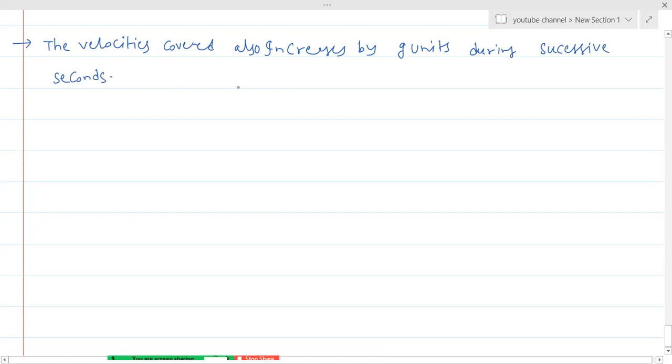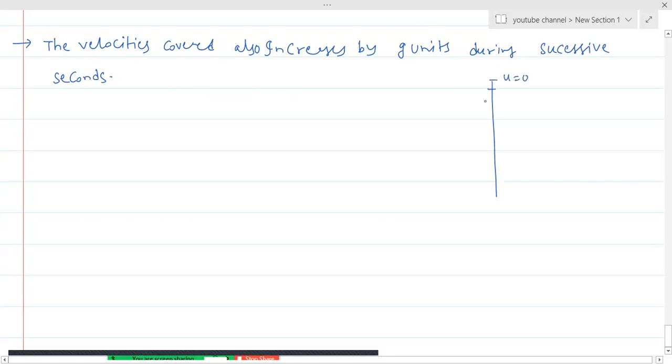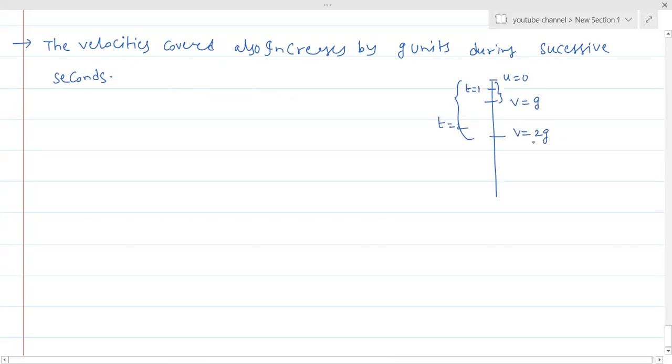So u is equivalent to 0. After the first second, it gains a velocity v equal to gt, with t equal to 1. After t equal to 2 seconds, the velocity is 2g, or we take this as v2.